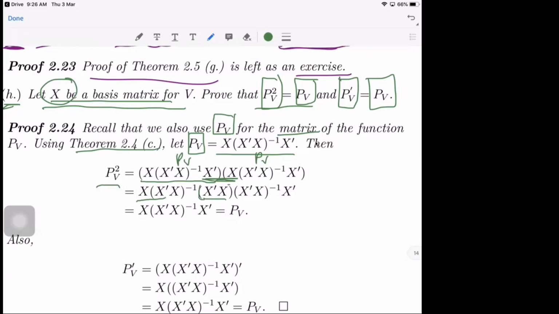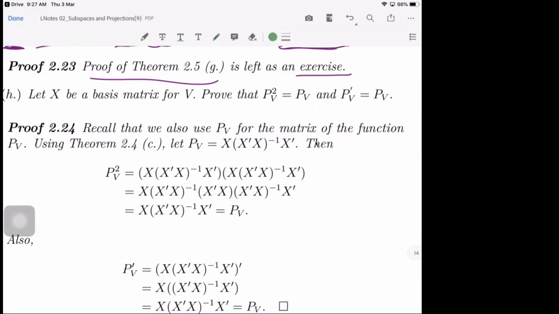I emphasize it with parentheses here because with the inverse, that is just equal to I. So what is left here? Since X prime X is invertible, the inverse exists and it's unique, and X prime X inverse X prime X will be equal to I. So if that is I, what is left is this X, then X prime X inverse X prime, which is actually equal to your PB.